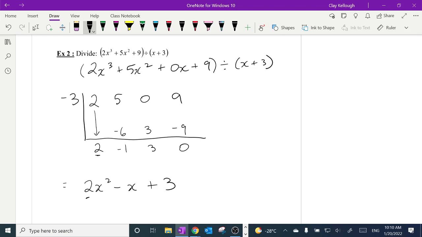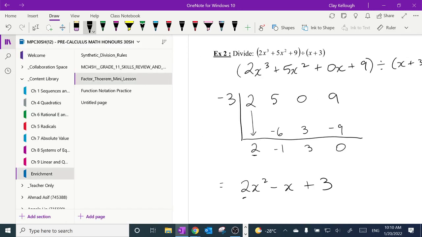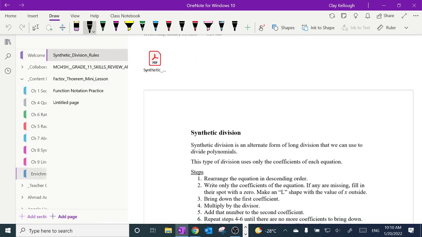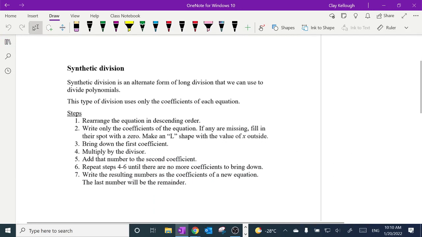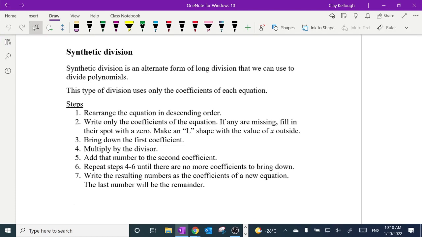Okay, let's take a look at the rules in written form for what we just did. Rearrange the equation in descending order. Write only the coefficients of the equation. If any are missing, fill in their spot with a 0. Notice on the last one we actually plugged in a 0. Make an L shape with the value of x on the outside.